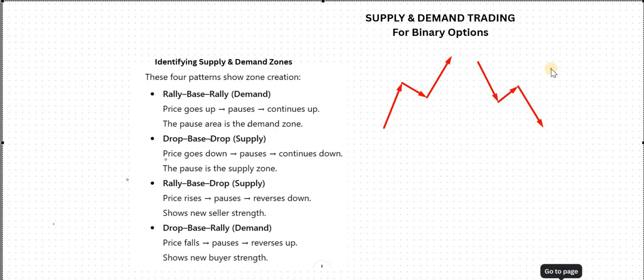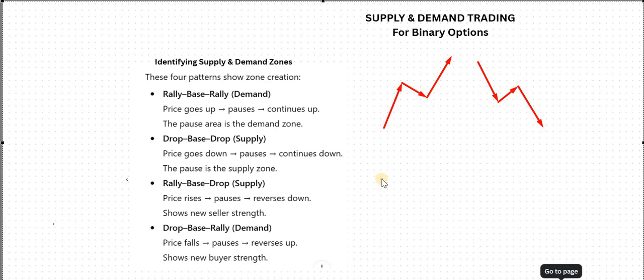Now, we still have demand and supply forming in ranging markets. That means this is for continuation, in both uptrend and downtrend respectively. The rally, base, drop and the drop, base, rally are reversals, which are like in a ranging market.